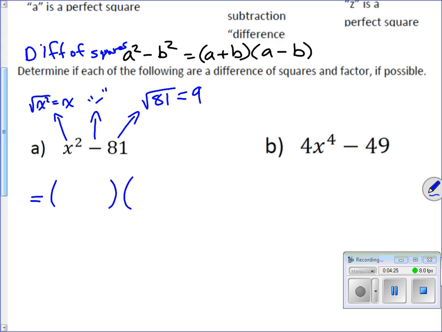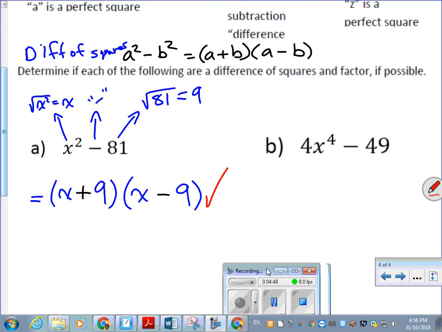So all we have to do is write x in both brackets. And we have our 9, so we're going to use 9 in both brackets because we took the square root of 81. And then one of these is plus and the other one is minus. And guess what? We got it right.